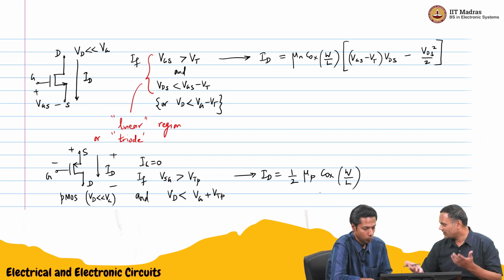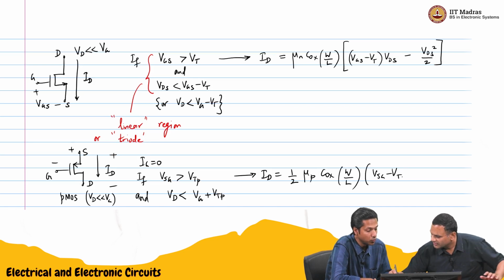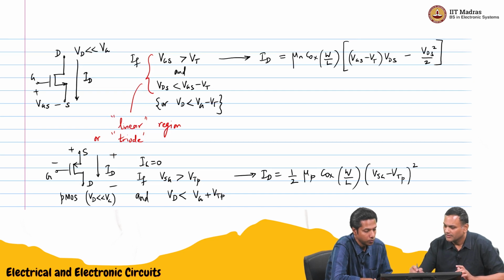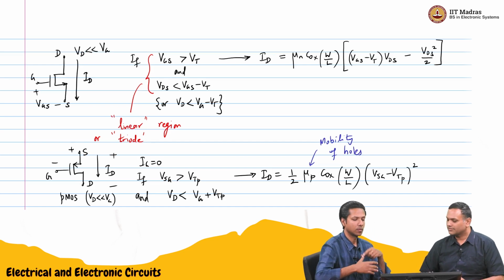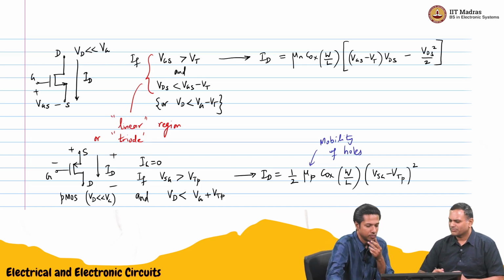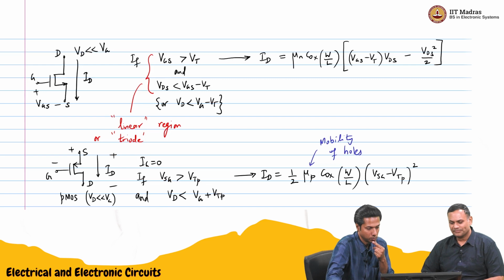Cox is the oxide capacitance per unit area of the pMOS transistor, times VSG minus VTP, the whole square. The charge carriers are P-type, so it's almost the same. In most practical cases, once you learn this small threshold voltage difference trick, the equation doesn't change.